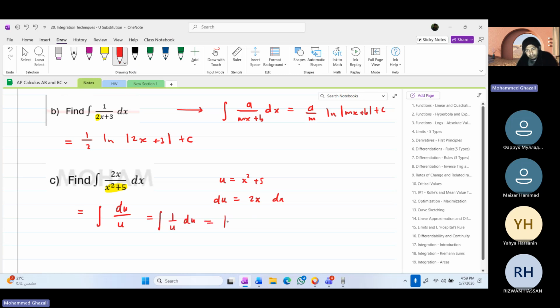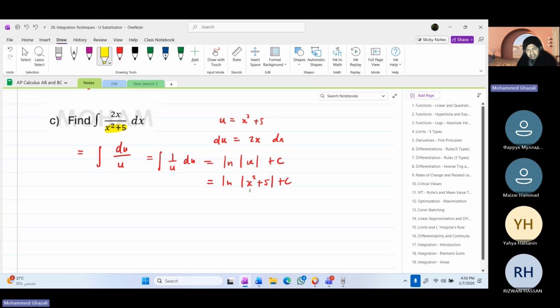That is just the ln form. So this is ln of what is u? x squared plus 5. Now this is very important, because you can clearly see that x squared plus 5 is always positive, it can never be negative.